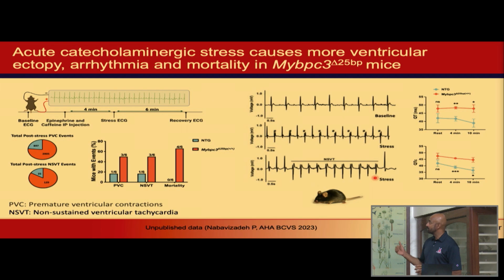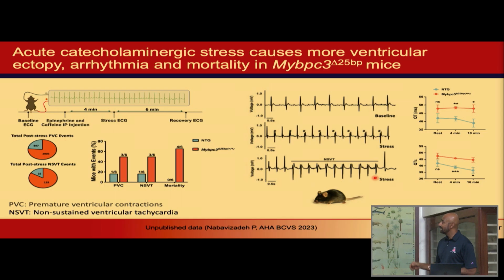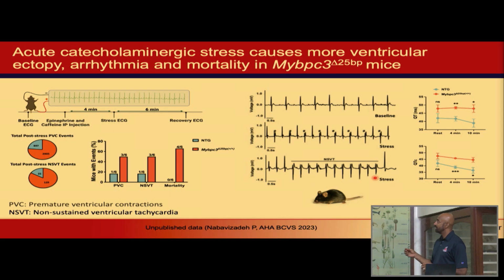We also challenged these mice with catecholamine stress to see whether they show more cardiac arrhythmias compared to wild type controls, and the answer is yes. We see a lot of PVCs and also NSVT, non-sustained ventricular tachycardia.